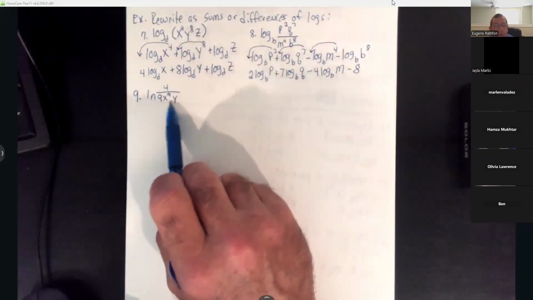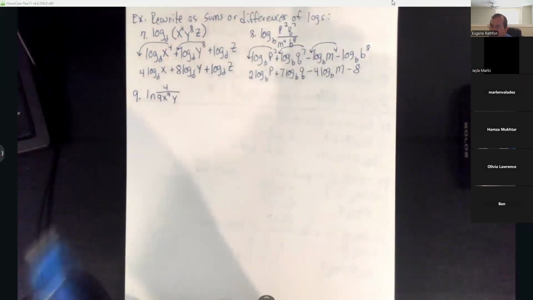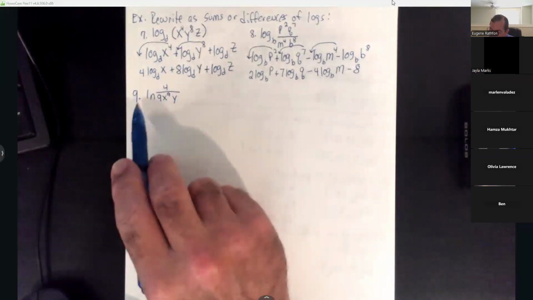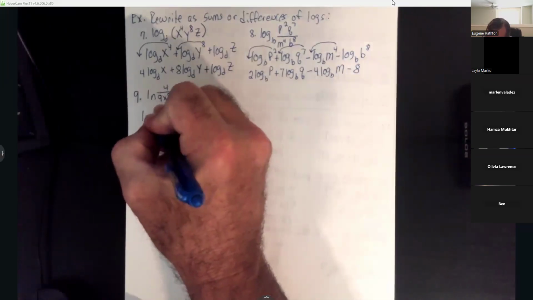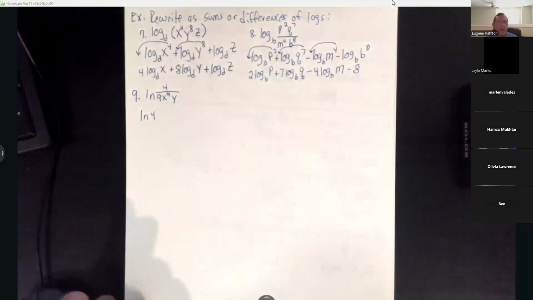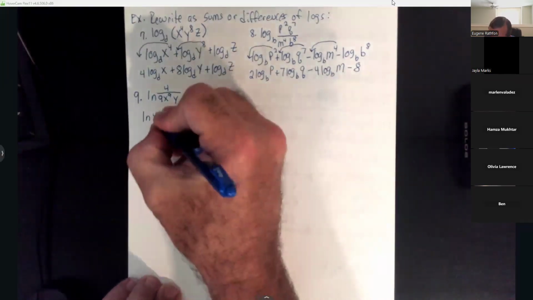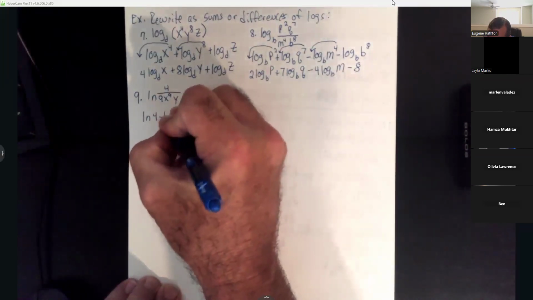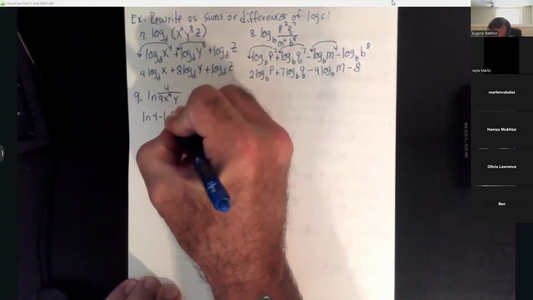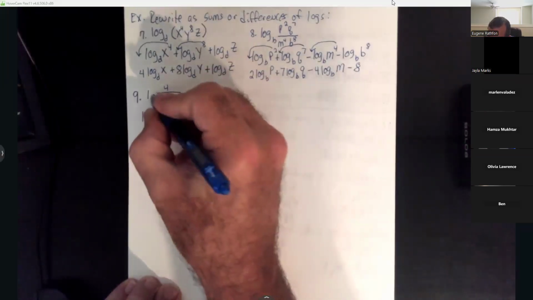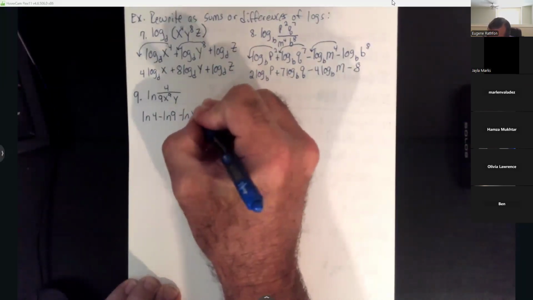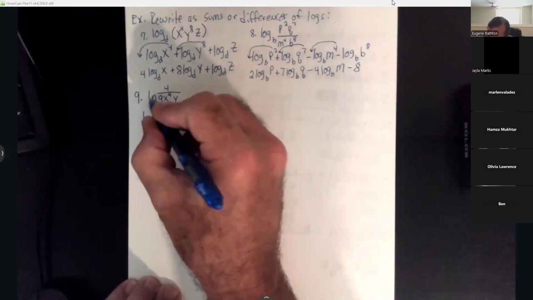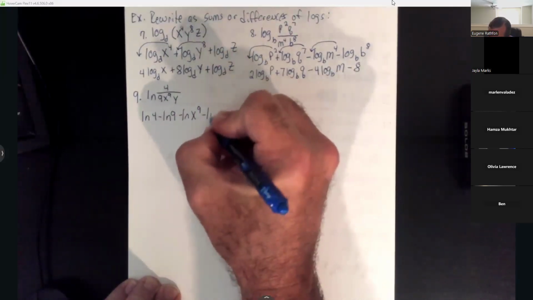Any of these three factors from the bottom are going to be negative, okay? So let's start distributing our ln. So we get an ln of 4, which is positive, and then it's going to be minus ln of 9, minus ln of x to the ninth, minus ln of y.